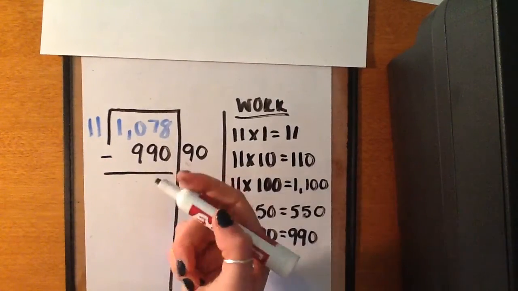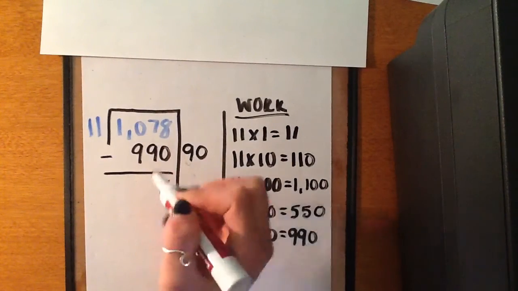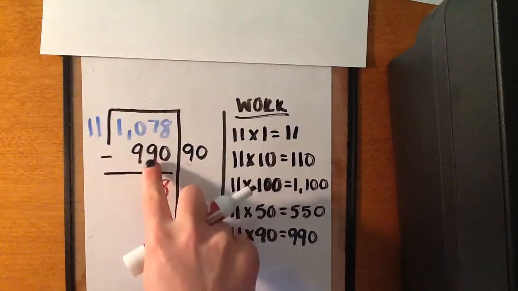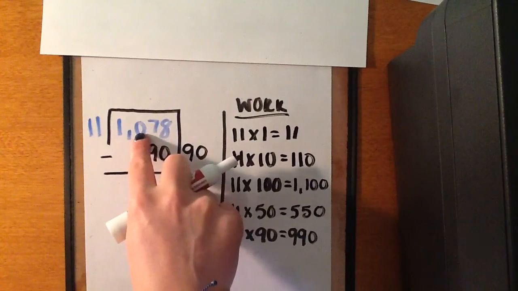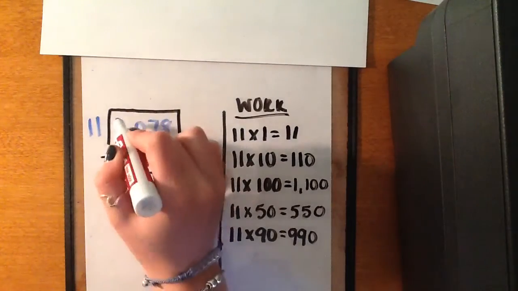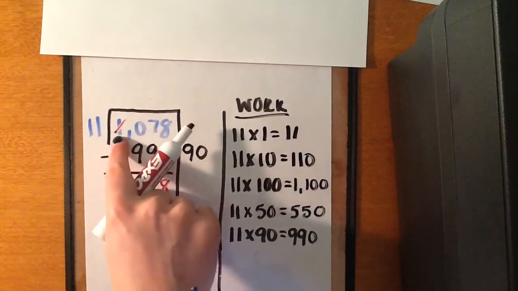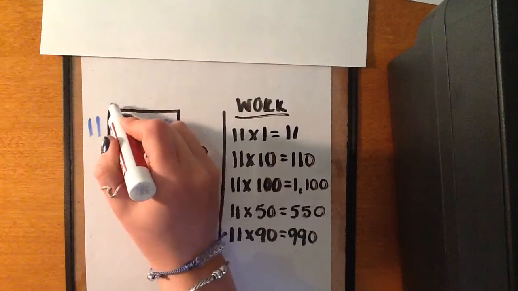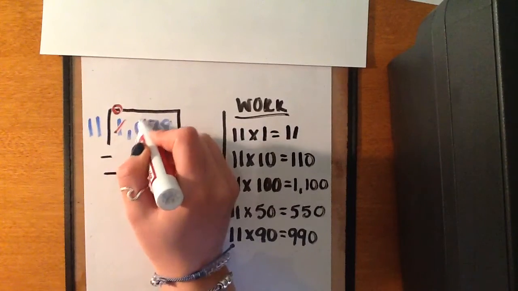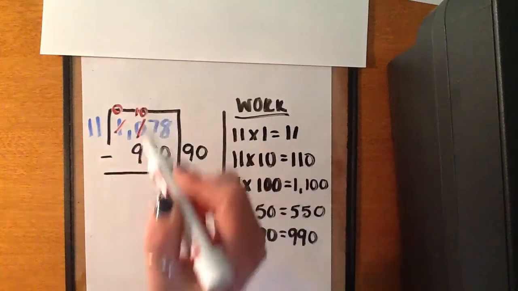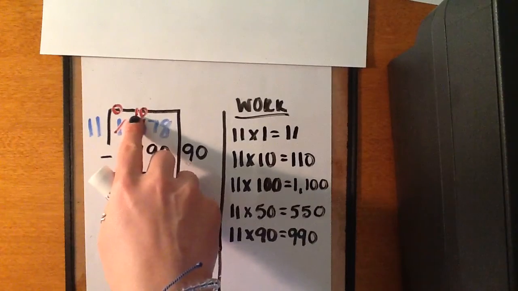8 minus 0 is 8. Oh, I can't do 7 minus 9, so I have to go next door. But oh no, next door there's nothing, so I have to go further. I'm going to take a 10 from this 1 and make this a 0. This 0 will become a 10, but I have to take a 10 from here.